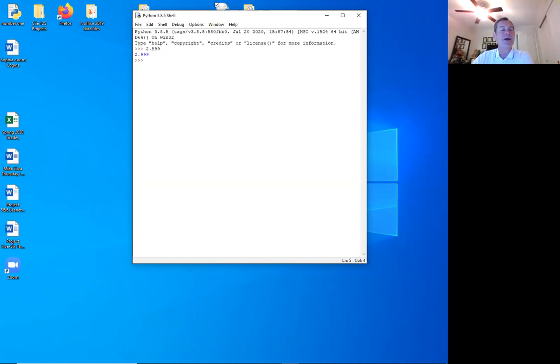Now, the book talks about the limits in the range of floating point, which is what decimal data types are basically called, and that there's a problem with the precision, and that you can only go to 16 or 17 decimal places.